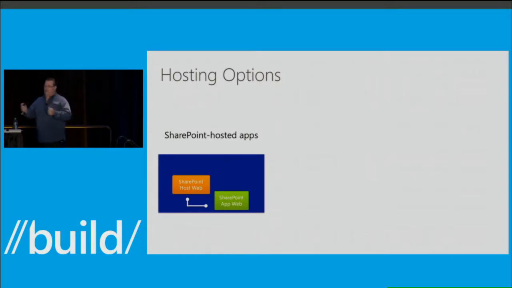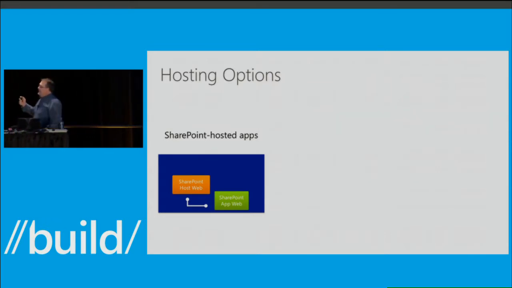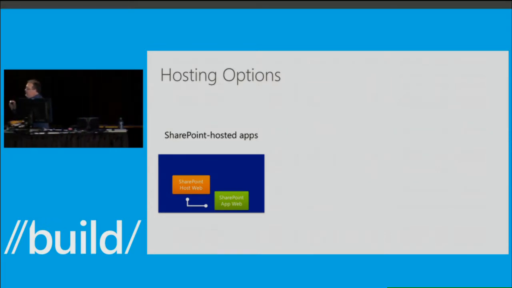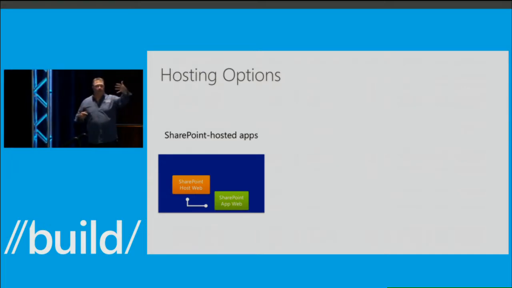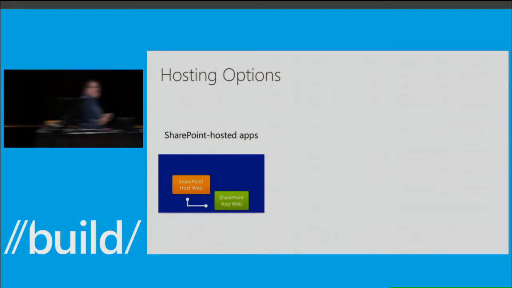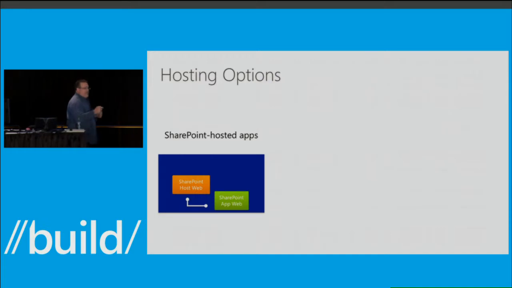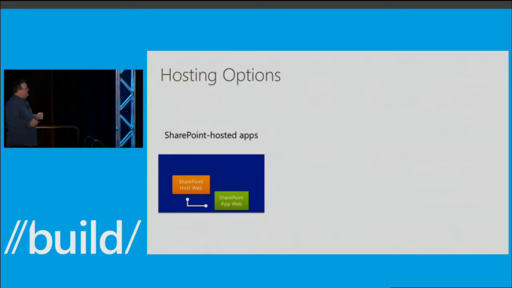So your end user goes to their website, whether it's their HR site or their payroll site or whatever it is, and they install your app. And when they do that, an app web is created. The host web is what we call the website that your app is installed on. The app web is kind of the container that your app runs in. It gives you an isolated environment where your app can run safely, protected from other apps that can't poke at it and stuff like that. That's the SharePoint hosted model.